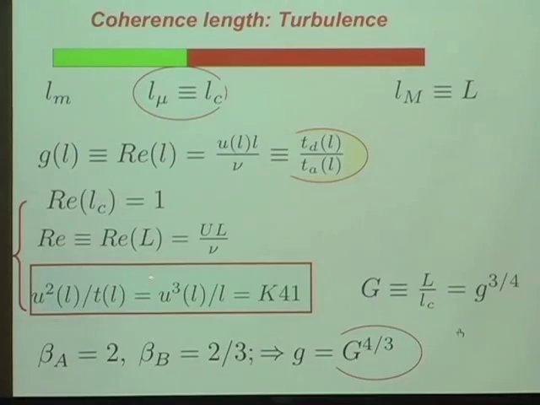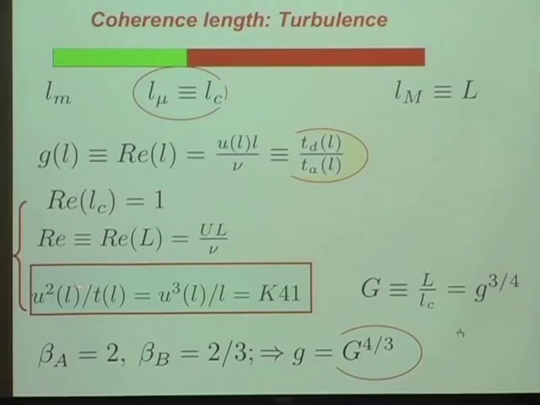And the Kolmogorov argument is very simple. But before I go into that, I really want you to appreciate that I need an extra piece of information, which is physics dependent, in order to know how the velocity, which is in fact my unknown field, when I say nonlinear field theory, I mean how the velocity field is changing across scales.